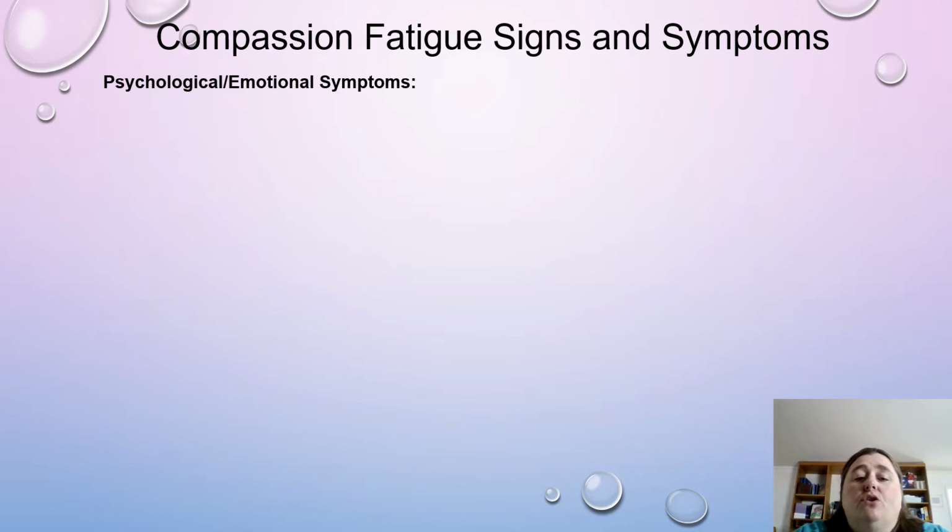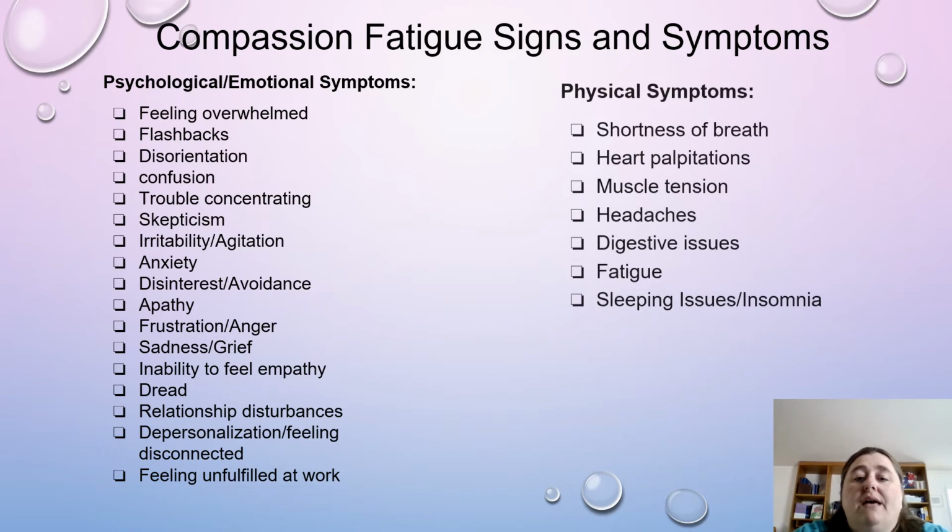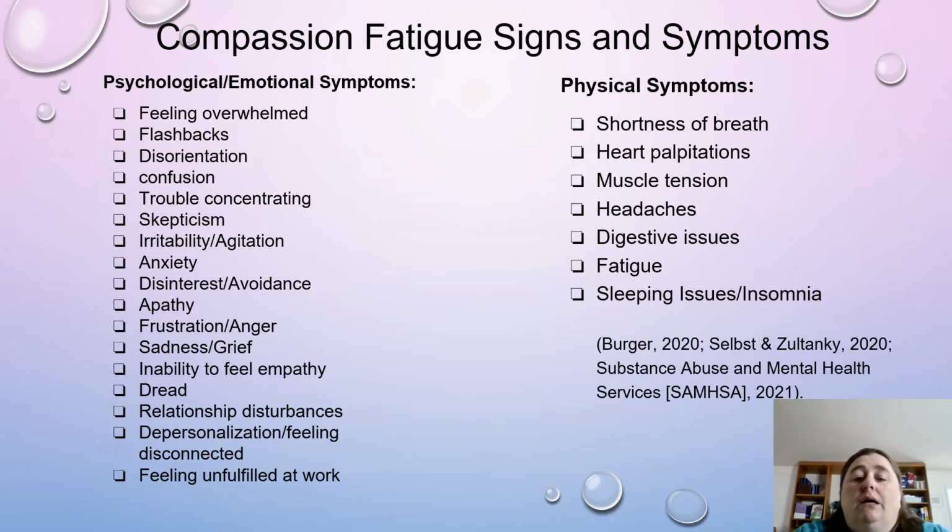Compassion fatigue can result in many psychological or emotional symptoms, as well as physical symptoms that you end up having to deal with because of the compassion fatigue. Some examples of those that you'll see listed here: feeling overwhelmed, being disoriented or confused, having trouble concentrating, possibly becoming irritable or agitated, having an increased sense of anxiety, maybe being disinterested or avoiding other people, possibly having difficulty feeling empathy or having relationship disturbances.